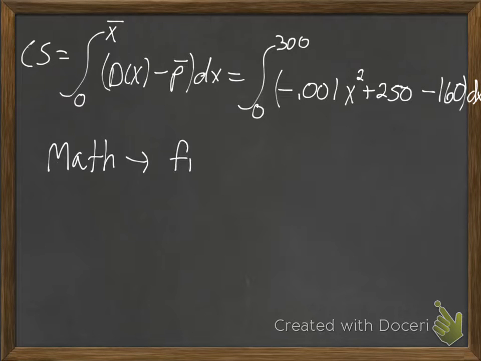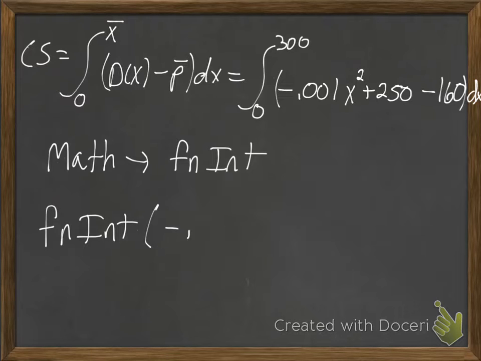So you can just go right in and put that in fn int. Put in our function, which I'm just going to simplify a little bit: negative 0.001 x squared, 250 minus 160 would be plus 90, comma x, comma 0, and the other endpoint was 300.